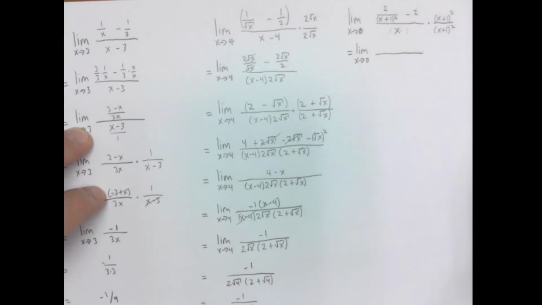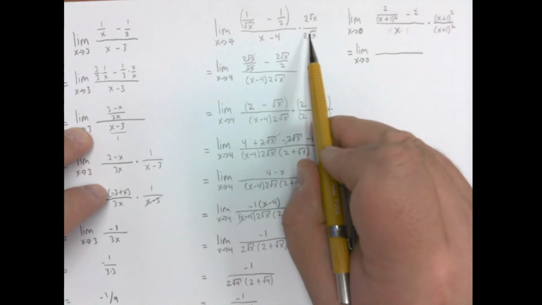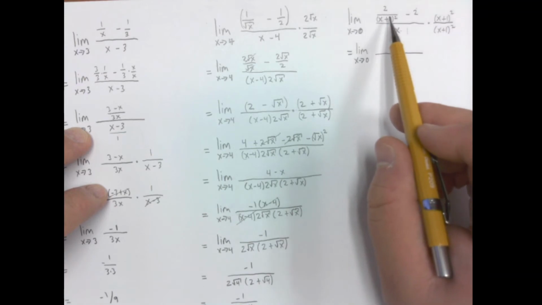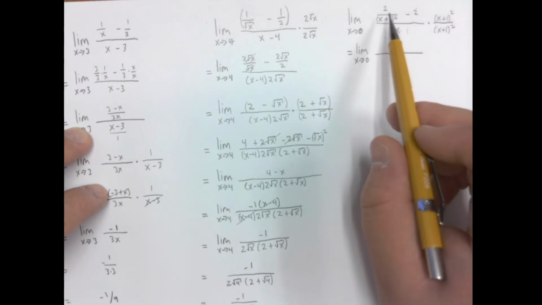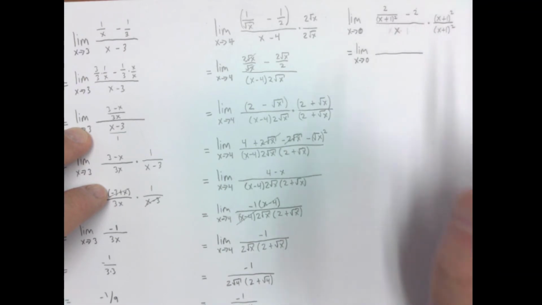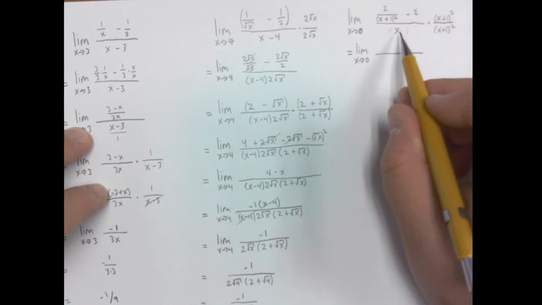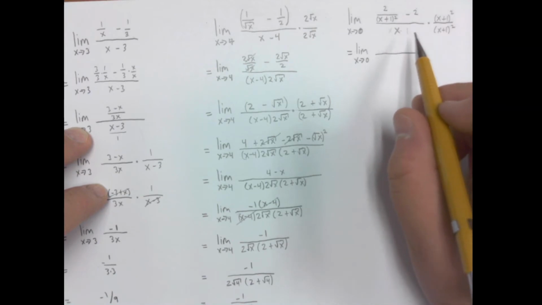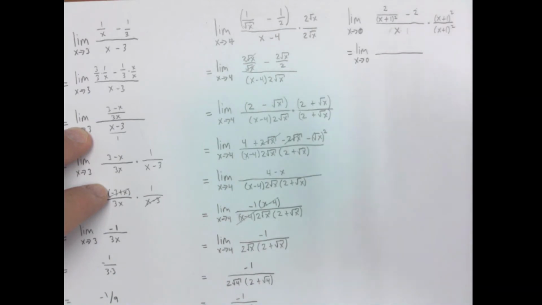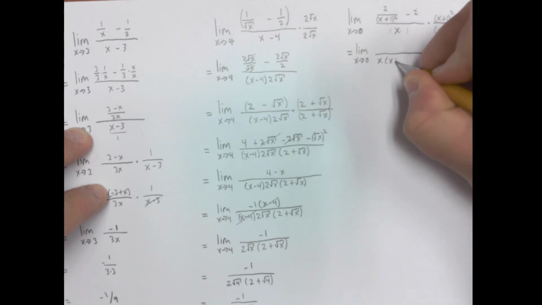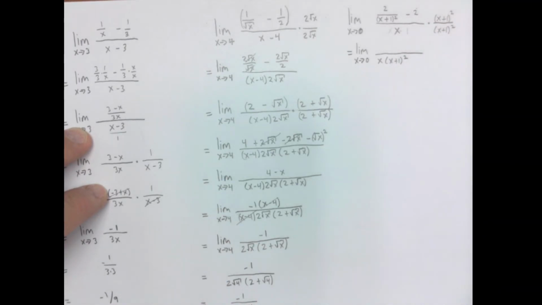So I've multiplied by 1, just like I did here, just a special version of 1, because when I do that, it's going to allow this 1 fraction to be eliminated. Now, I'll rewrite the denominator first. We don't want to try to distribute or expand it in any way. We're just going to write it as x times x plus 1 squared.